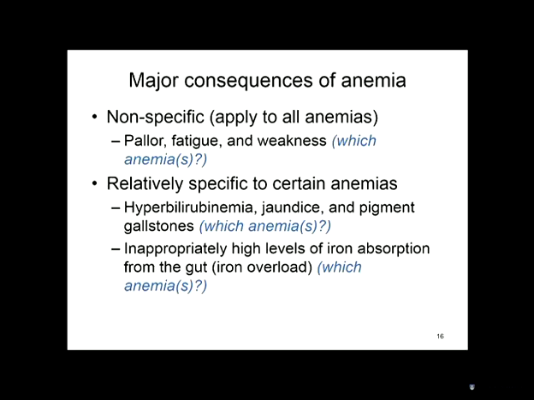There is a particular feature that comes with one specific anemia. So we'll be talking about thalassemia, but we won't go into a lot of detail. Just remember that thalassemia can actually come with iron overload, because patients with thalassemia can be overcompensating for some reason and absorbing more iron than normal.